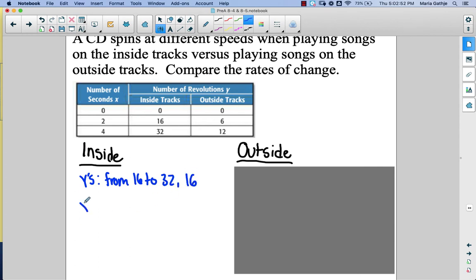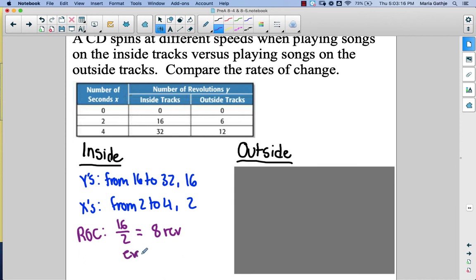Then I've got my x's. So my x's go from 2 to 4, so 2. That gives me my rate of change being 16 over 2. And when I interpret that meaning, that's going to give me 8 revolutions every 1 second.